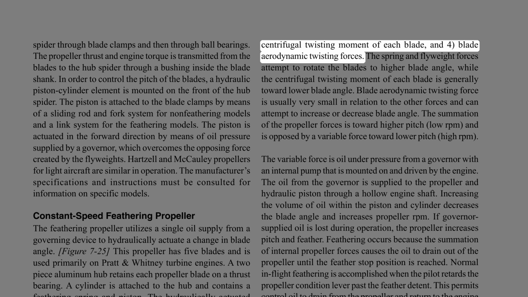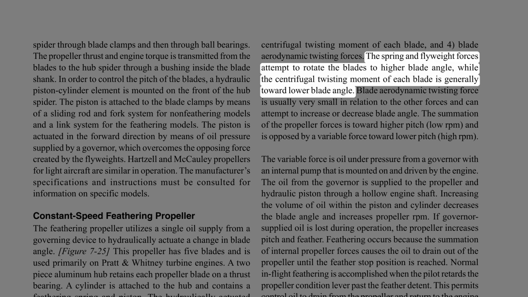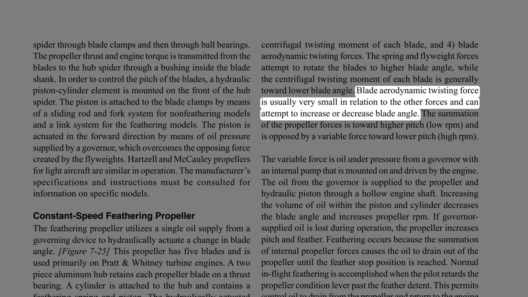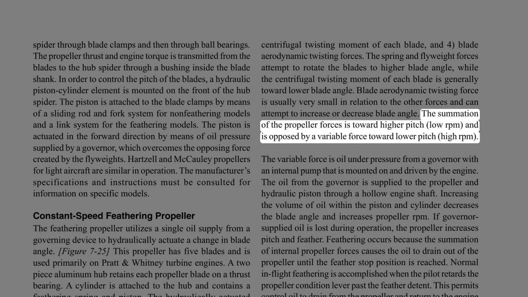Blade aerodynamic twisting forces. The spring and flyweight forces attempt to rotate the blades to higher blade angle, while the centrifugal twisting moment of each blade is generally toward lower blade angle. Blade aerodynamic twisting force is usually very small in relation to the other forces and can attempt to increase or decrease blade angle. The summation of the propeller forces is toward higher pitch, low RPM, and is opposed by a variable force toward lower pitch, high RPM.